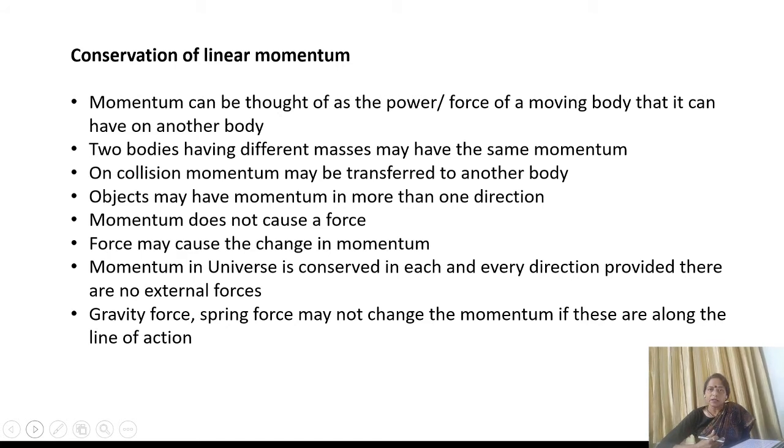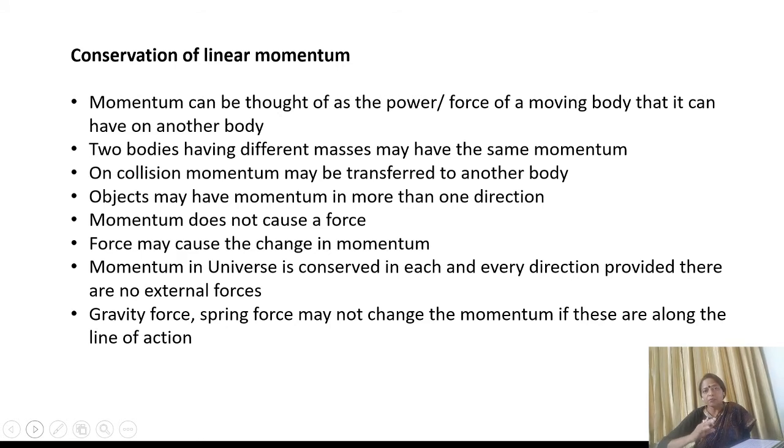Secondly, if I talk about the momentum, say there is a body which is heavier than another body, like if you have a bowling ball as well as another ball, a baseball.